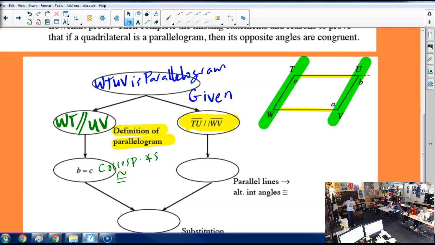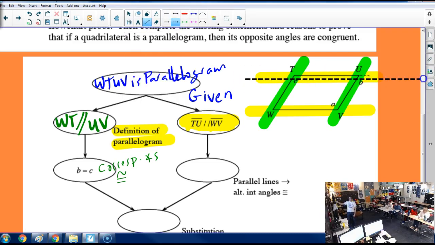You could say that A and B are equal because they're alternate interior angles.